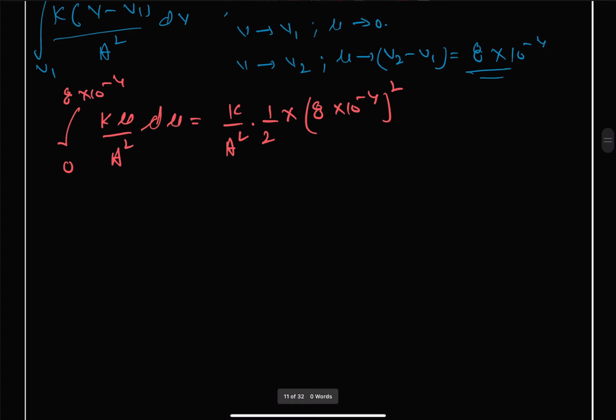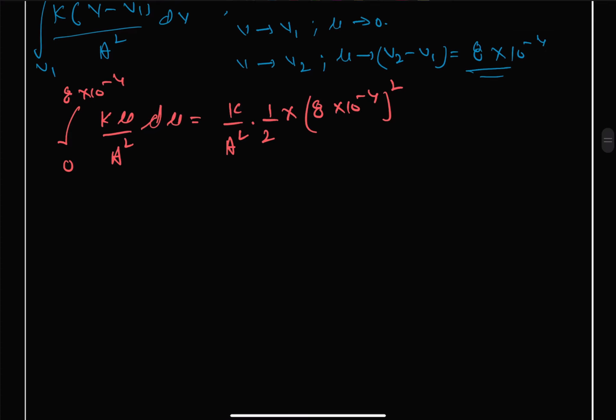So let us substitute the values. Spring constant is given to us as 8000. Area is 10 to the power minus 3, whole square, into 8 into 10 to the power minus 4 whole square.